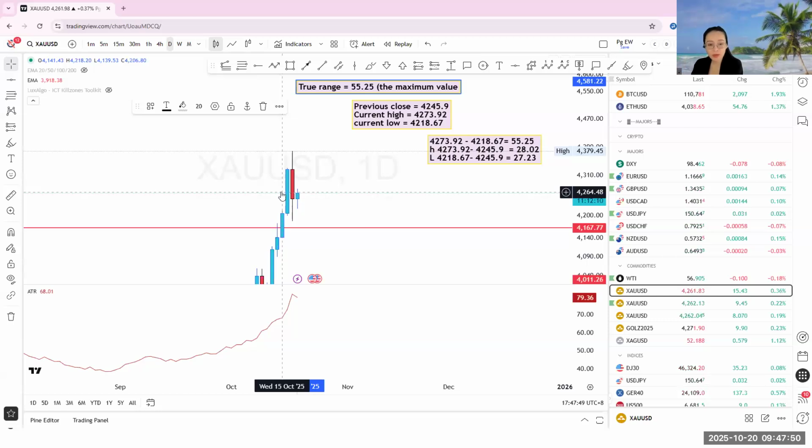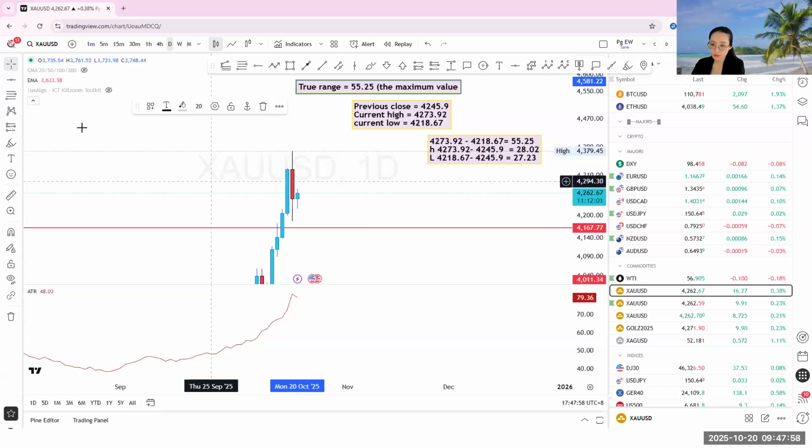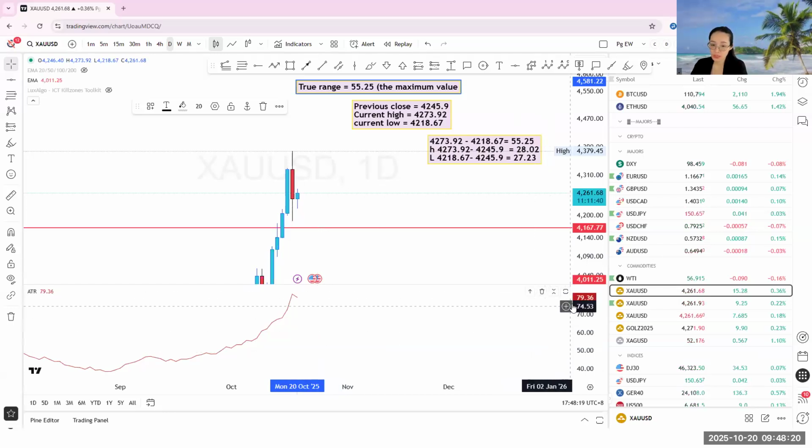But if you're going to talk about the average true range for the D1 time frame, look here, that would be 79.36 for gold, meaning 790 pips average for gold, for the past period of 14, for the past 14 candles. We look at the D1, so for the past period 14, it's a moving average.